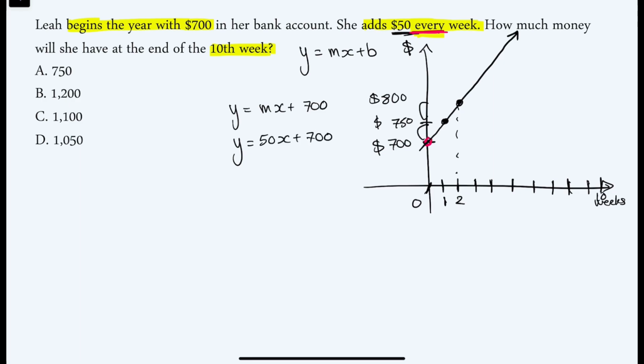Remember, x is going to be the number of weeks, and y is the total amount of dollars. So we're looking for the 10th week, so we're going to use the equation y is equal to 50 times 10 plus 700. y is equal to 500 plus 700, so y equals 1200.